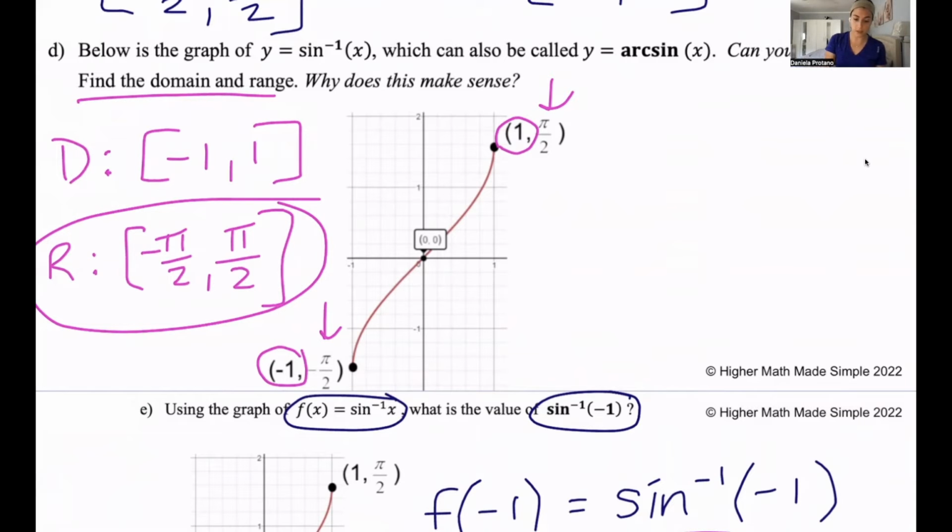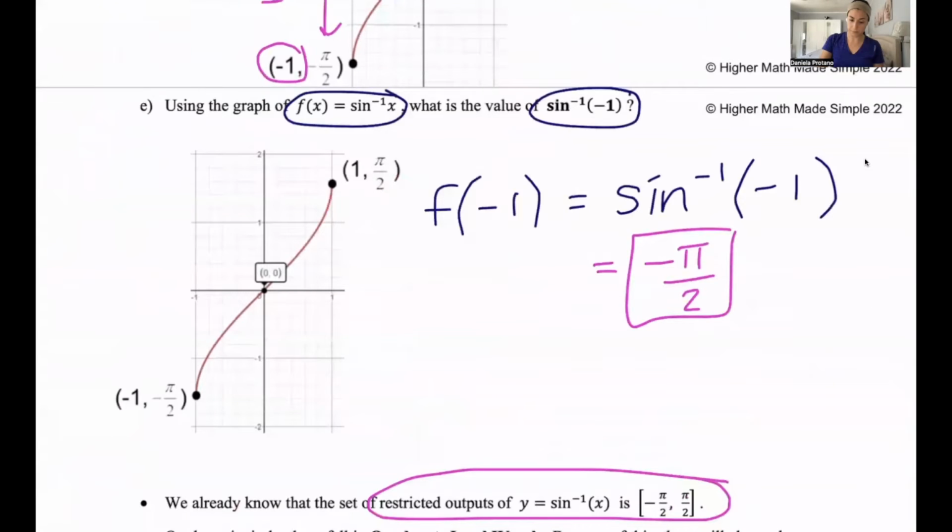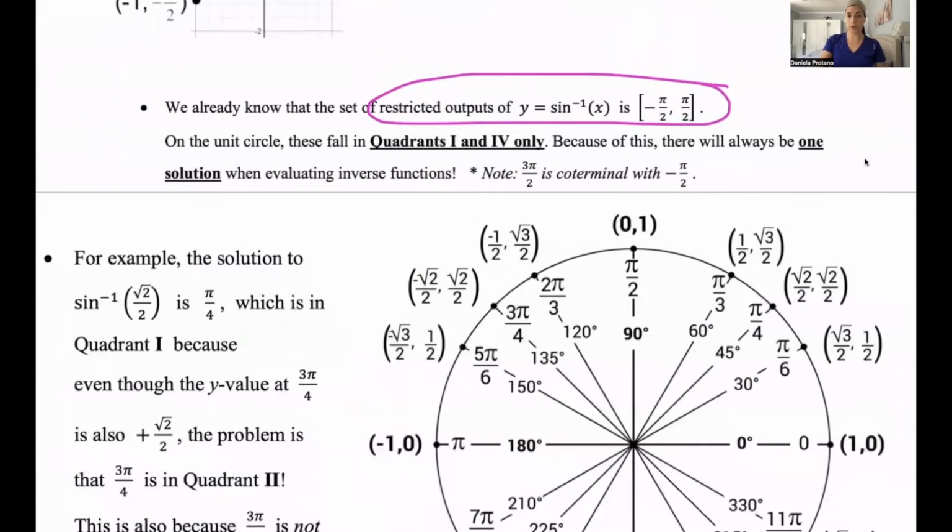If you pay attention to the original function, notice that the domain and range flip. In the original function, the domain was -pi/2 to +pi/2, and this was our range. And now we flipped it. So the restricted outputs, or the range, means your answer is going to be -pi/2 to +pi/2.